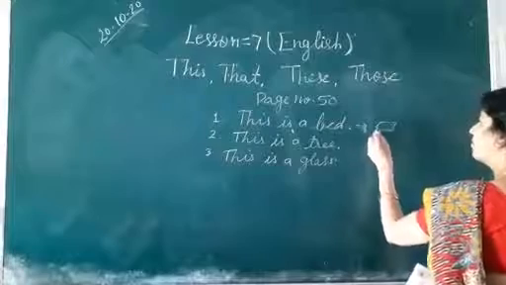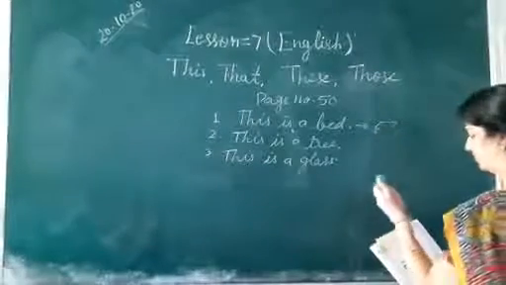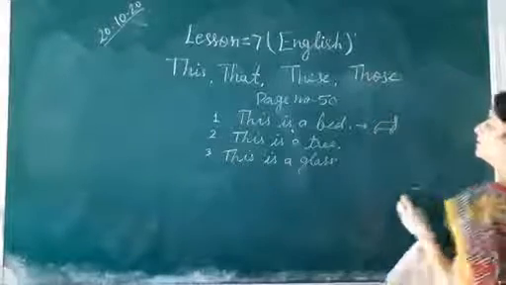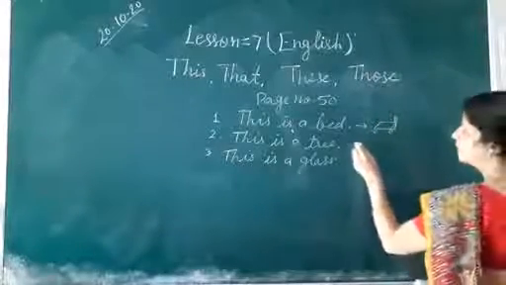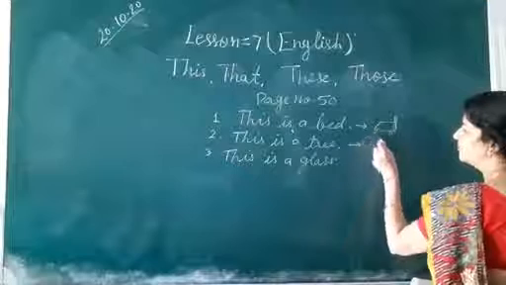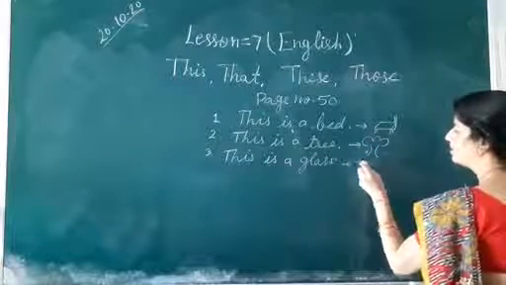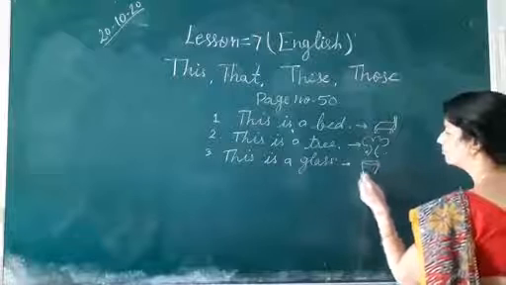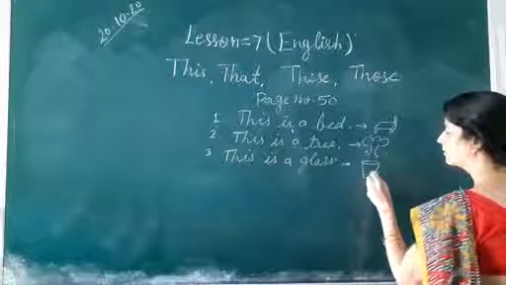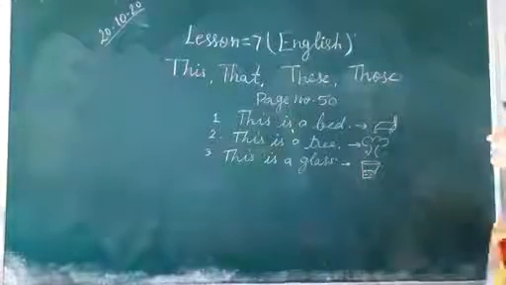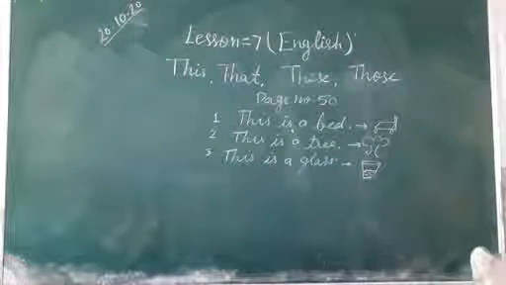This is a picture of a bag. This is a tree. This is a glass. These things are near to us.